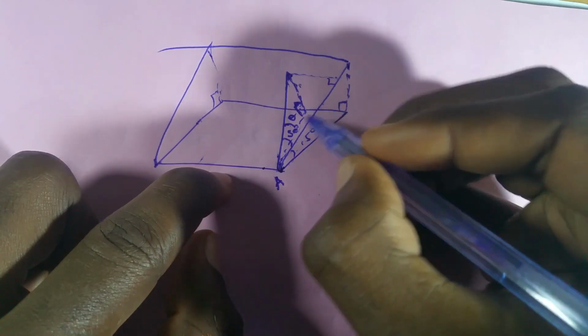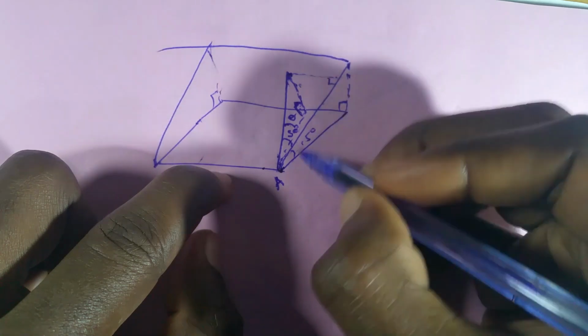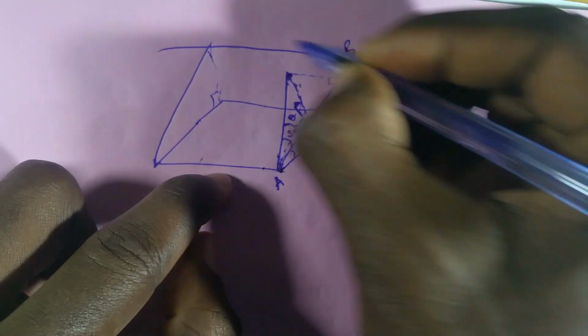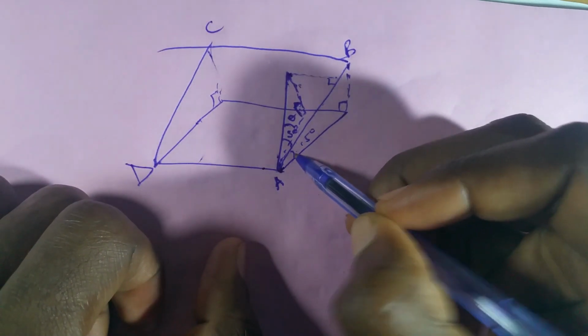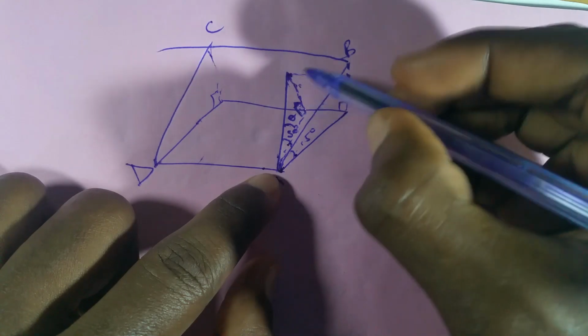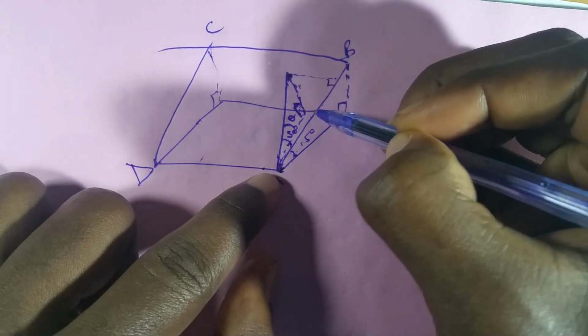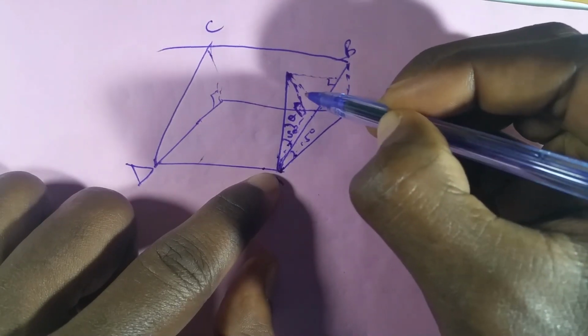Let me say B, C and D. That's our plane which is inclined at 15 degrees to the horizontal. Now we see that this one makes an angle of 30 degrees with that. That means we can also let that come to this at 90 degrees at that point.